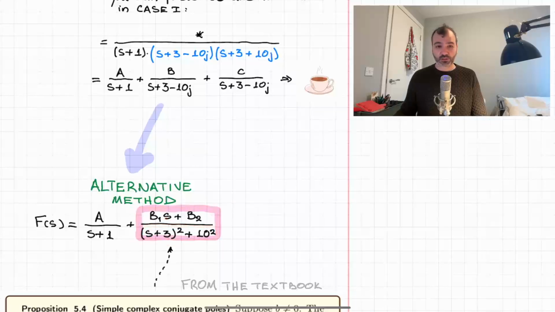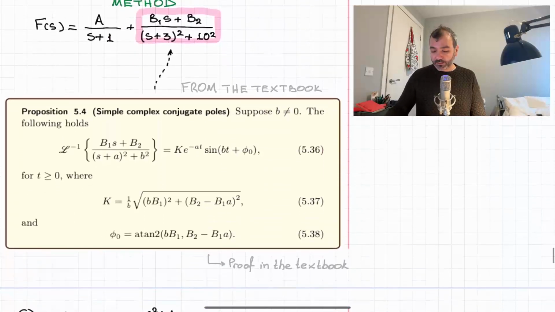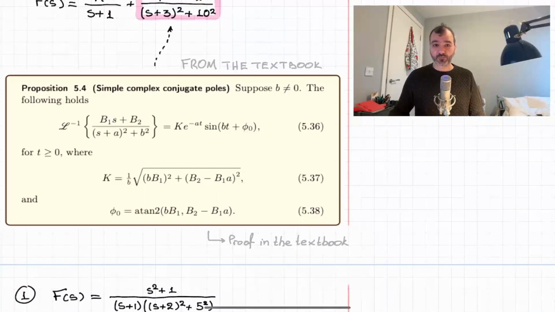And of course we need to know how to determine the inverse Laplace transform of this quantity. And here comes proposition 5.4 from the textbook that gives you this formula for the inverse Laplace transform of generally b1s plus b2 over s plus a squared plus b squared.